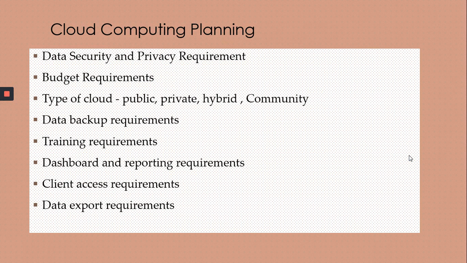So data backup requirements. What is our requirement to keep the data? If it is archival data, we can go to S3 or Glacier, so we can choose AWS. Based on the data backup, we have to choose which service we are going to use and which cloud vendor we can choose. And also training requirements. The people in the current team don't have knowledge about the cloud.